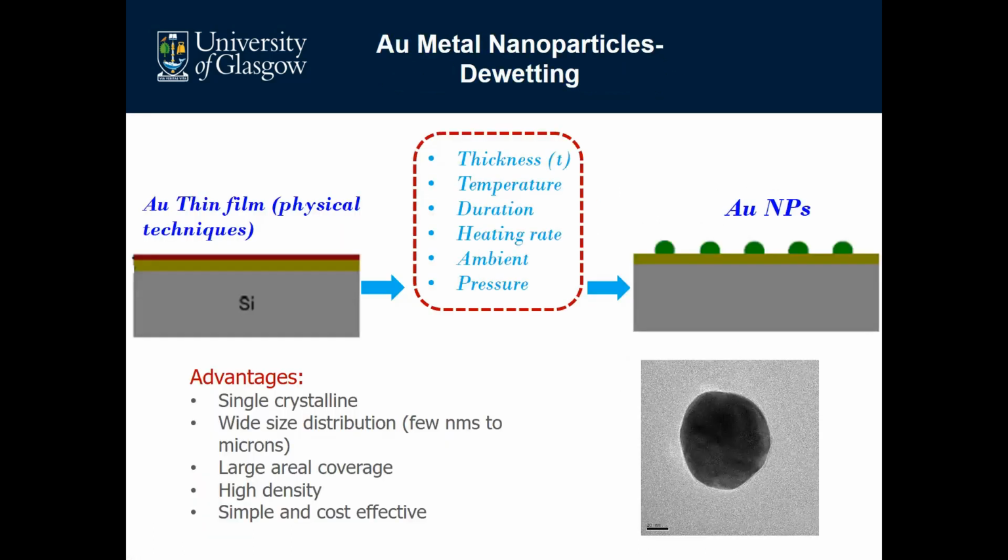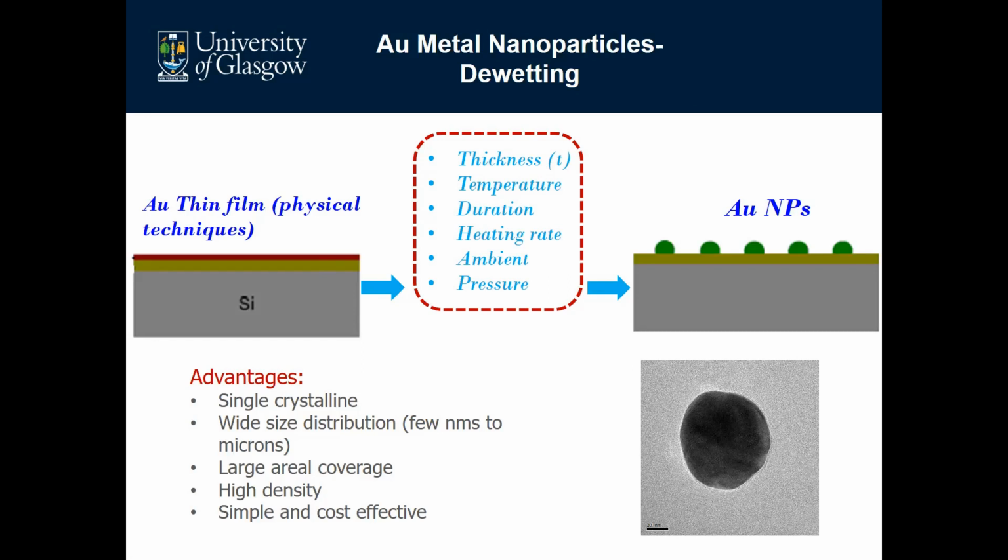This slide explains the important experimental steps involved in producing nanoparticles. We form a continuous thin film and heat it at high temperature, and because of the temperature and stress related effects, the film breaks into small droplets. The important experimental parameters are thickness, temperature, how long we anneal it, and the heating rate.